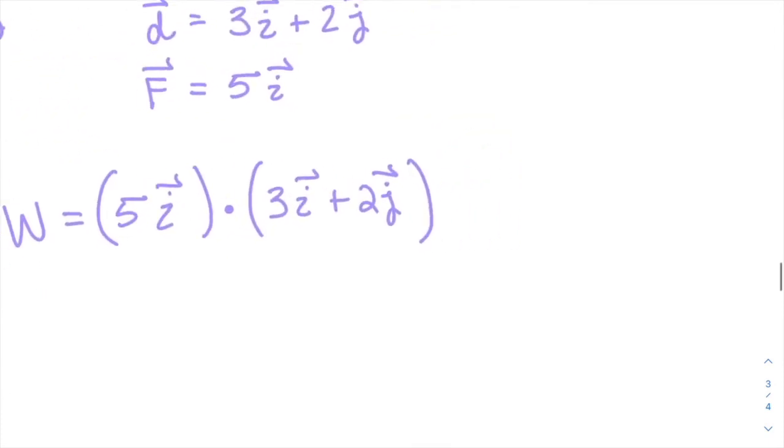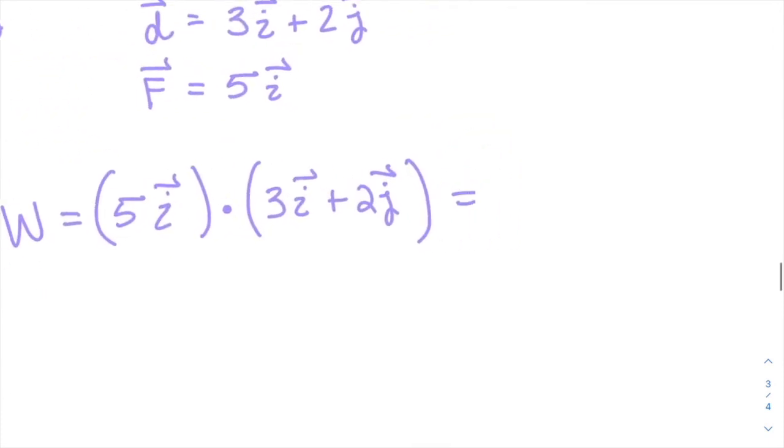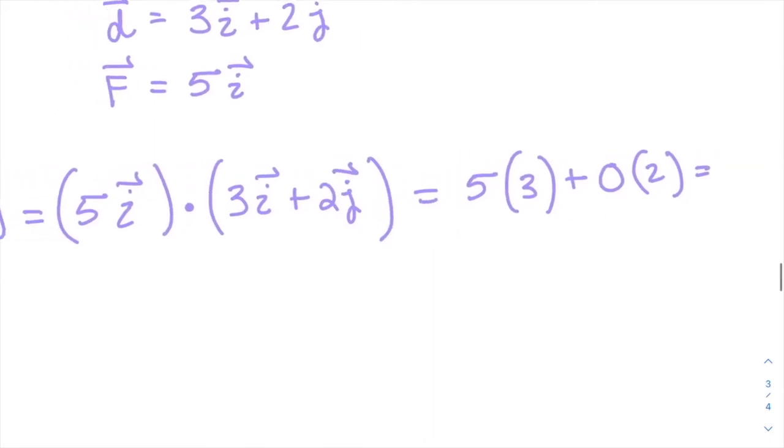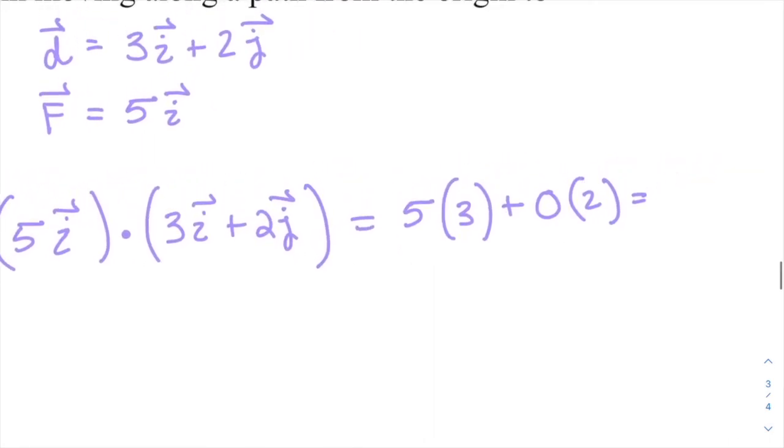So that'll be 5 times 3 plus 0 times 2. So in that case we get 15. So that's the amount of work it takes to move a particle along that path with a force of just 5 newtons in the I direction.